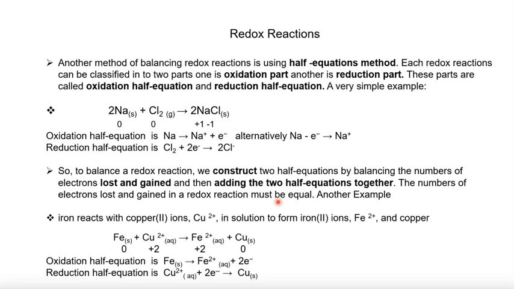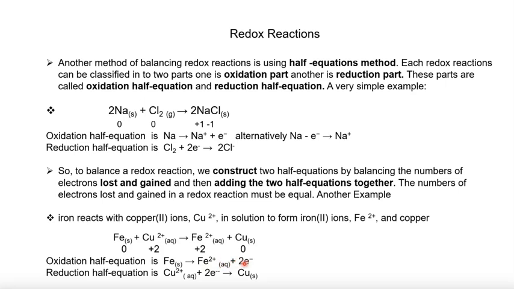Another example we can take: iron reacts with copper 2 ions in solution to form iron 2 ions and copper. So in this reaction, copper 2 ions react with metallic iron, giving iron 2 ions and metallic copper. The oxidation half equation is metallic iron going to iron 2 ion, and that is the oxidation.